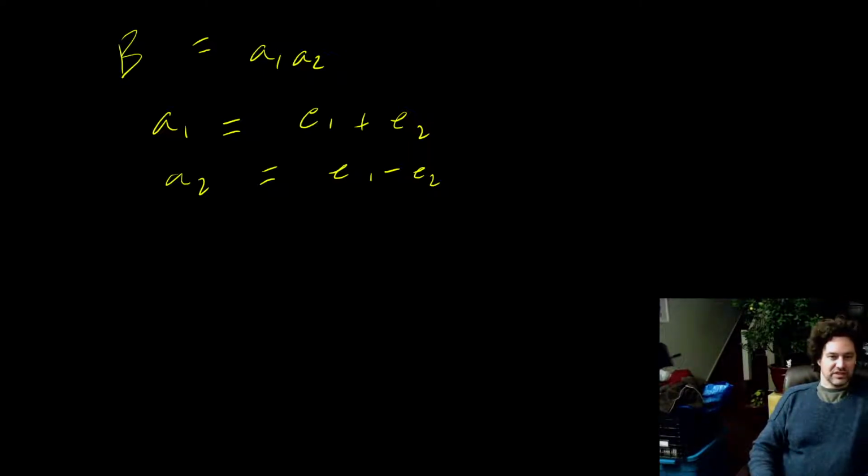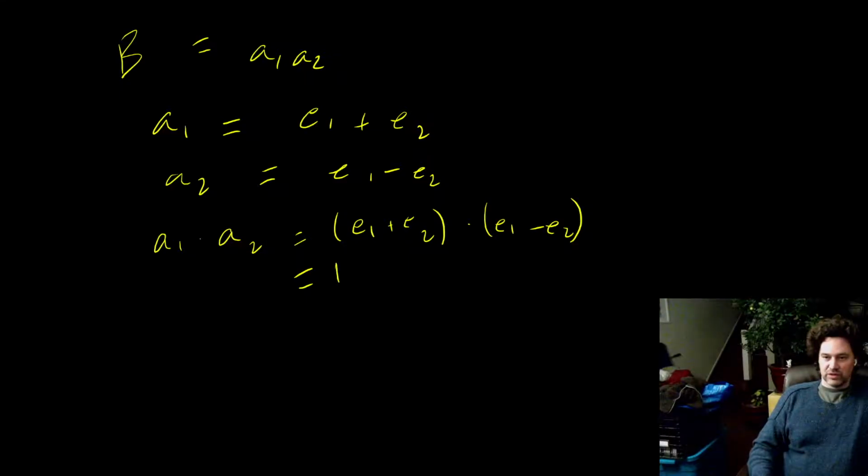Well, if we take the dot product of A1 with A2, we get E1 plus E2 dotted with E1 minus E2, which is E1 dotted with E1 is 1, plus E2 dotted with E1, which is 0, plus E1 dotted with minus E2, which is 0, plus E2 dotted with minus E2, which is minus 1, so we have 0.